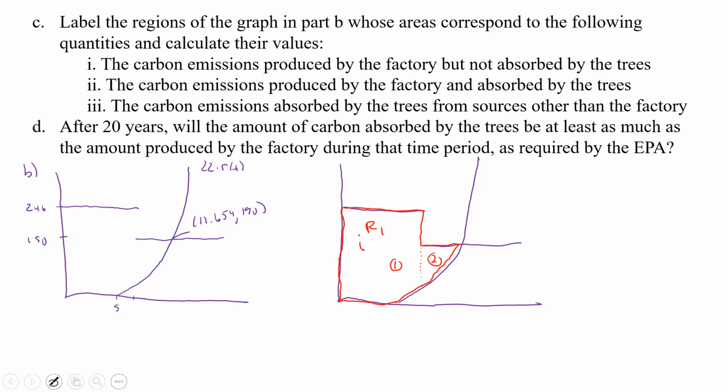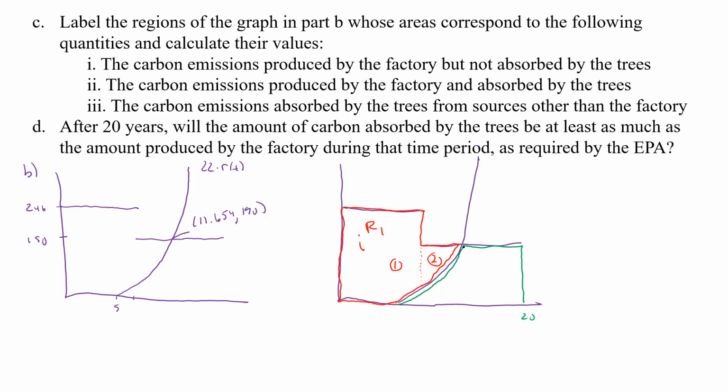Now let's do a different color. Let's do, I don't know, green. So now we're going to do produced by the factory and absorbed by the trees. Here they're producing it, and it's going to go out, and let's call that 20. We can't show it on our graph.